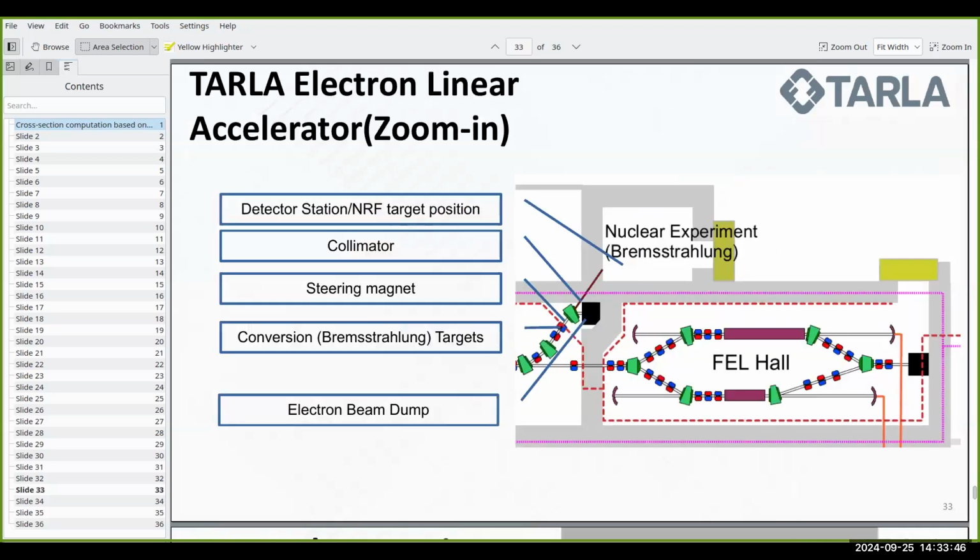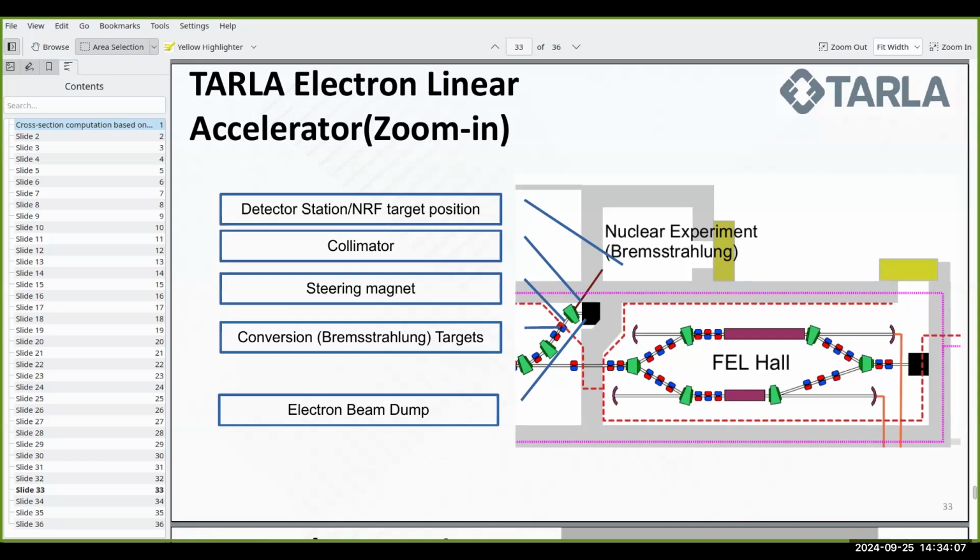To zoom in a little bit, past the second linear accelerator, we have a set of magnets which steers the electron beam onto the conversion targets. To avoid confusion with the experimental targets, we typically refer to these as converters.